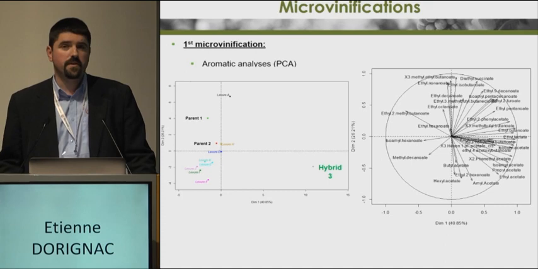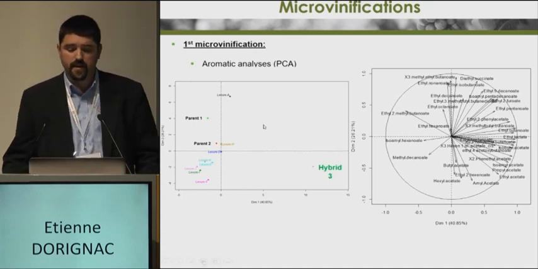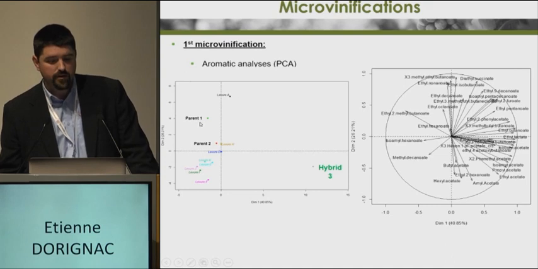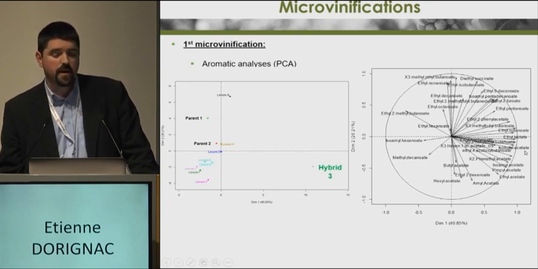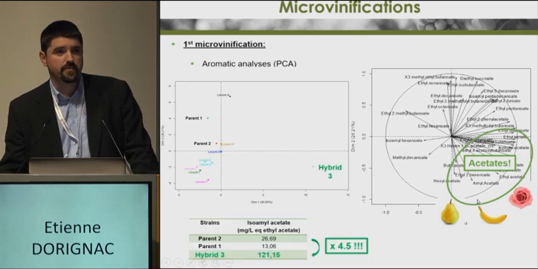Moreover, we did this aromatic analysis, and with the PCA, if you see, all the other yeasts were here, and parent 1 and parent 2 were there, while hybrid 3 was like a UFO. And why? Because if you look at the compounds, it's mainly all provided by acetate esters.